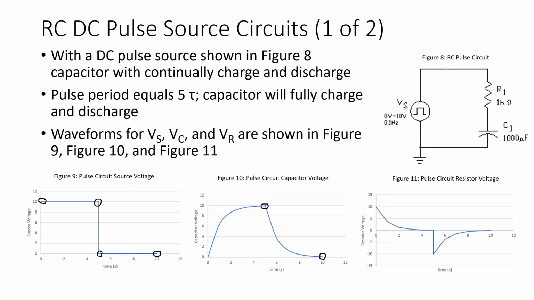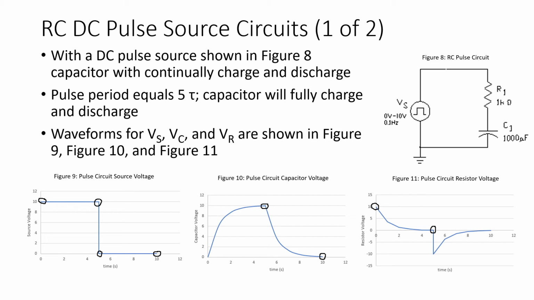And looking at figure 11, again, the instant the pulse goes from 0 to 10 volts, the resistor voltage is 10 volts. As the capacitor charges, the current decreases, and the resistor voltage goes to 0. And the instant that the pulse goes from 10 volts to 0 volts, now the capacitor acts like, or is, the source of voltage for the circuit.